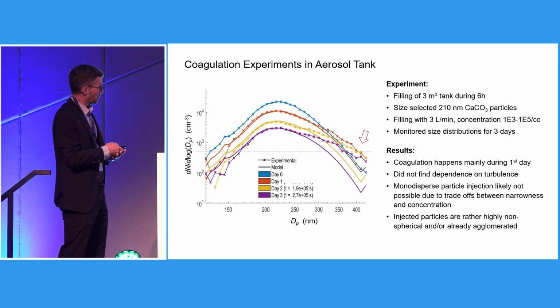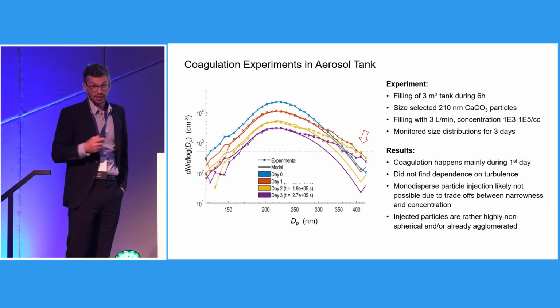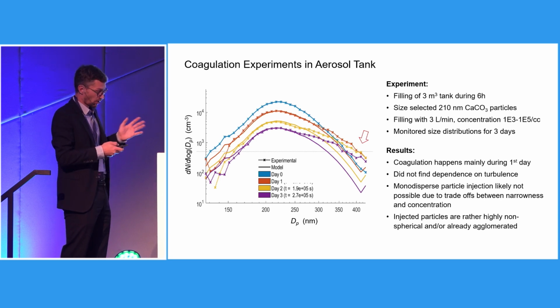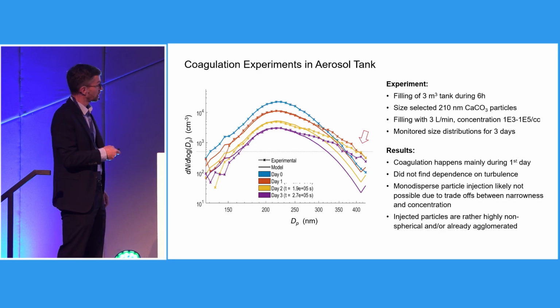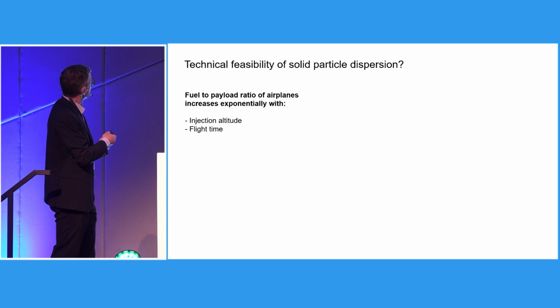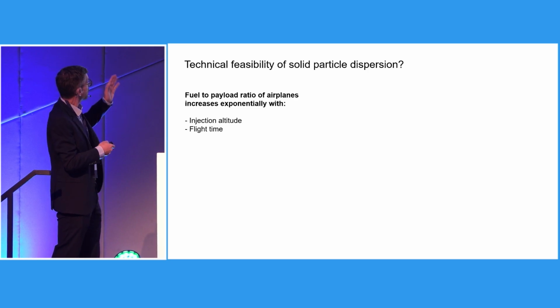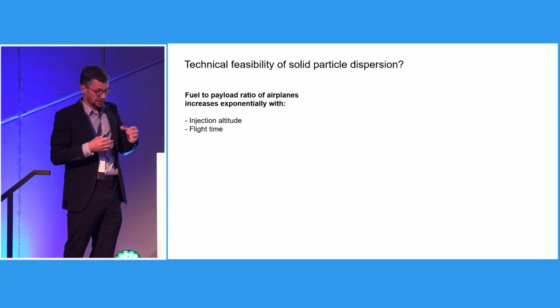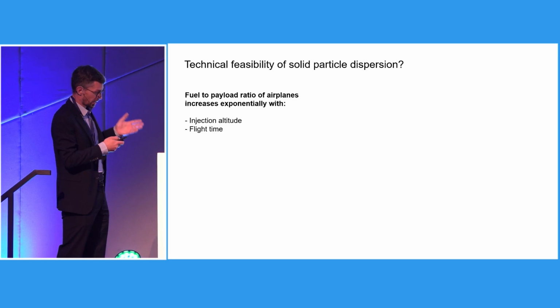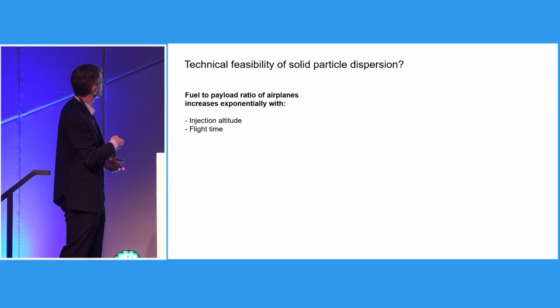And we also saw by optical analysis of the particles that they are not spheres, they're aspherical, and they are already agglomerated upon injection. And that's a problem which needs to be addressed, because the fuel to payload ratio of an airplane, when you inject particles with an aircraft, increases exponentially with height and flight time.